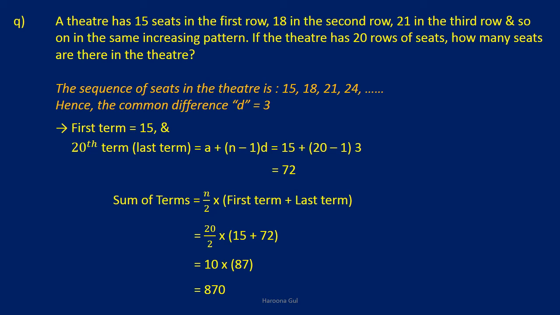We know that n is equal to 20, that is the total number of rows. Our first term is equal to 15 and the last term can be found by applying the formula of nth term. So our 20th term will be equal to 72 and the sum of terms will be equal to 870, which is the total number of seats.